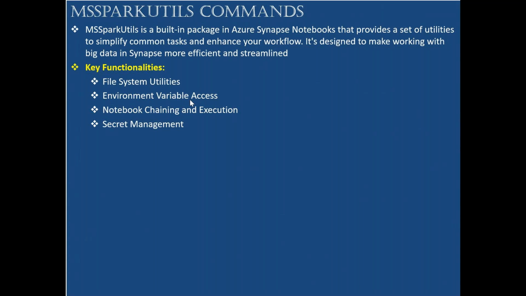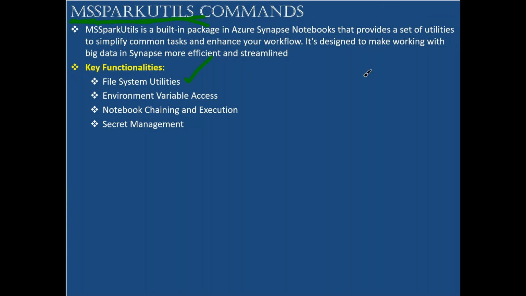First of all, let's understand mssparkutils commands. Whoever learned Databricks knows dbutils. Very similarly, MS means Microsoft Spark Utilities. Remember, these Microsoft Spark Utilities commands are used to interact with the file system.